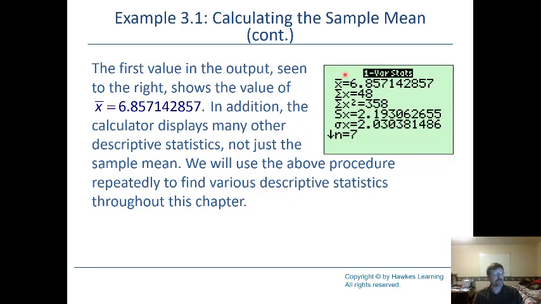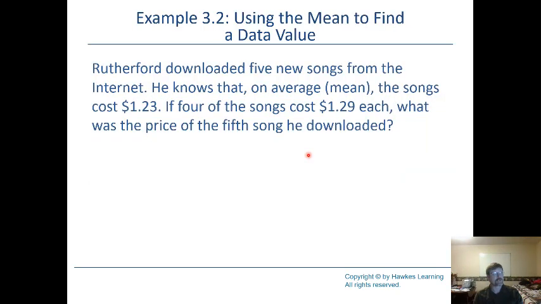Okay, so that first value there on the list is our sample mean. It gives a whole bunch: the sum of the samples, the sum of the samples squared, the sample deviation, the population deviation, number of samples. Used this a few times.